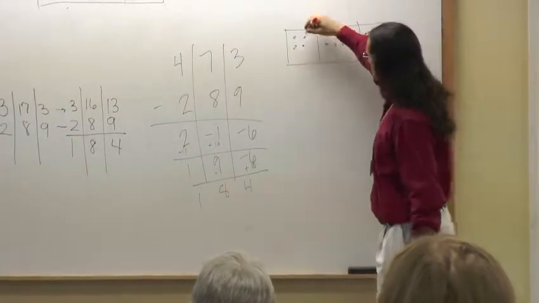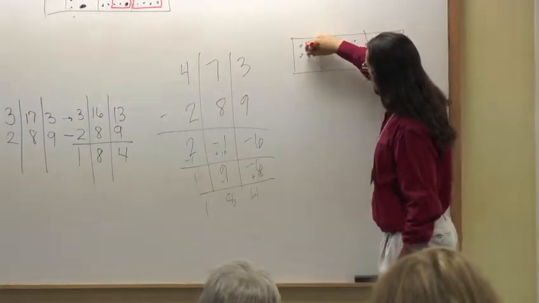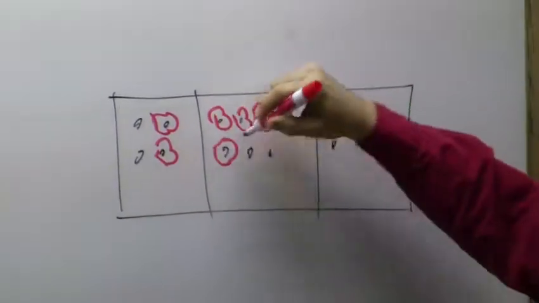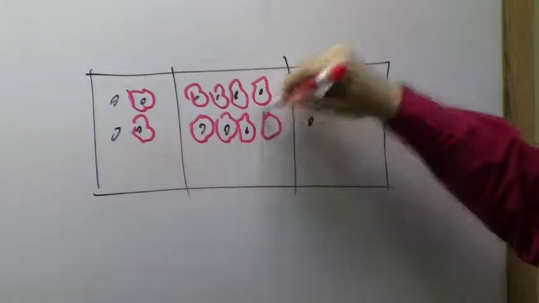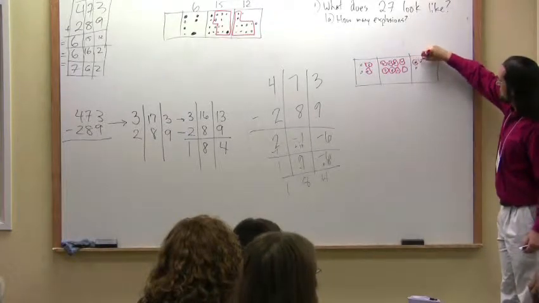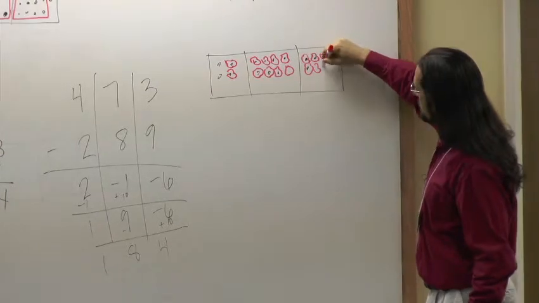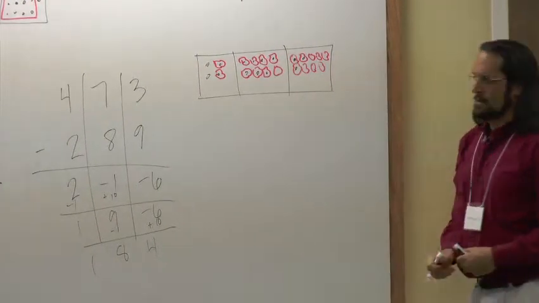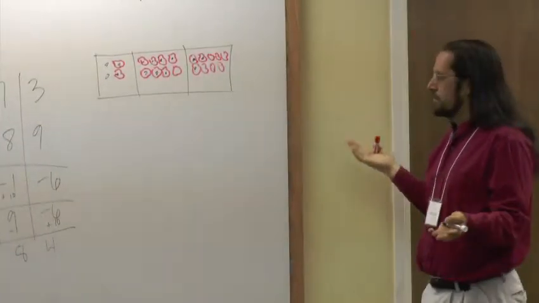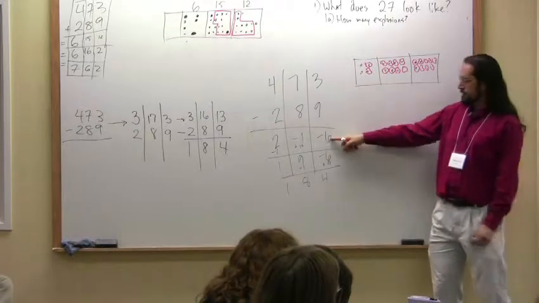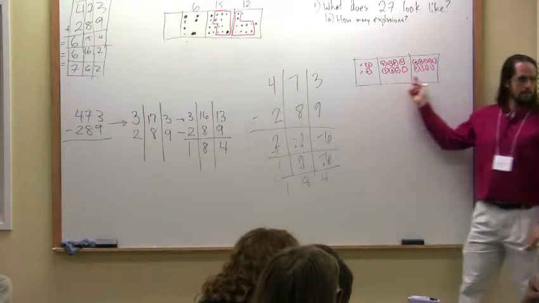So I just explode 200, 80, and 9. If I want to get rid of 289 pebbles, I just blow them up. 2 here, 8 here, 9 here. So this is pretty much like what you wrote here, just in pebble form.